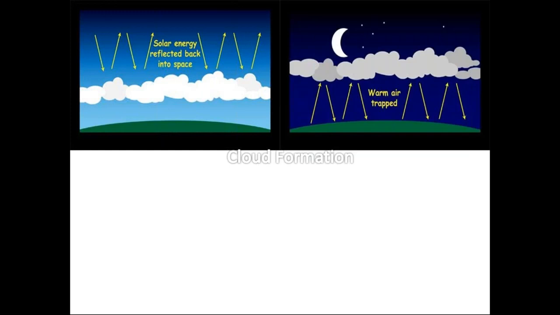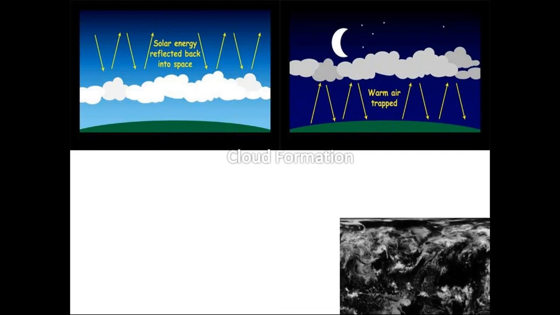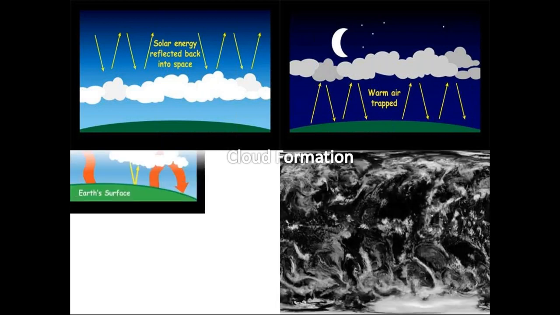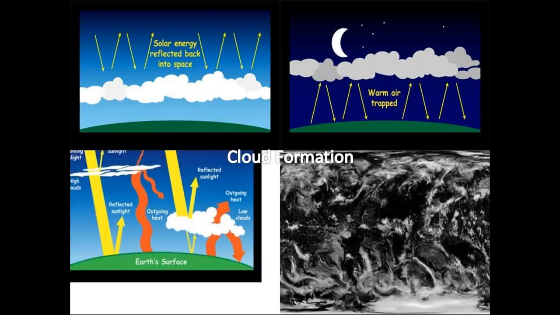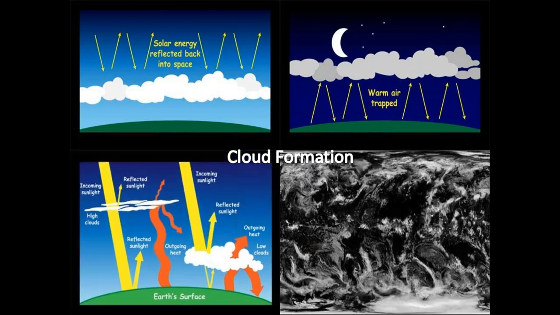So it doesn't actually get to the earth's crust. The warmed air is trapped in the earth's crust, thereby causing a whole lot of problems, as you can see from the picture that we have. So that's one of the effects of the greenhouse effect that we have. All right, let's proceed.